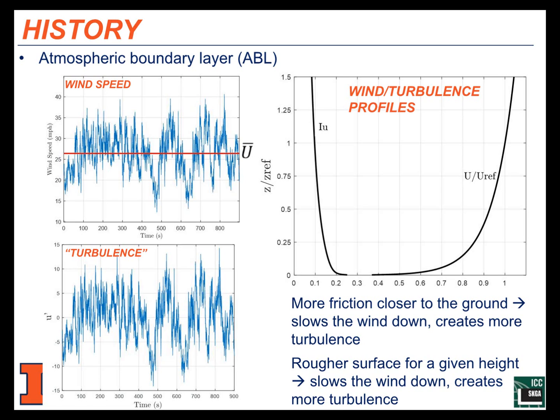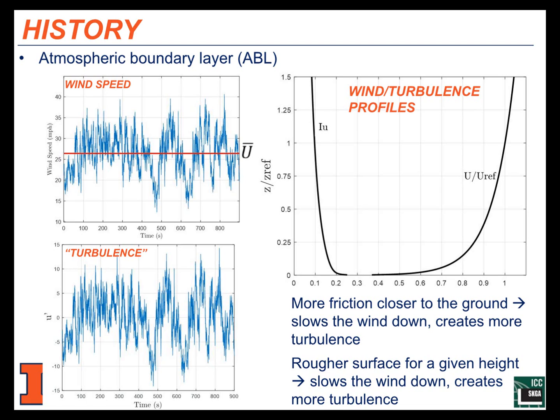What we can take from this atmospheric boundary layer are these profiles with height. I've normalized these profiles to show them on the same graph. Here is a mean wind speed profile with height, normalized by some reference velocity at some reference height, which is at 1.